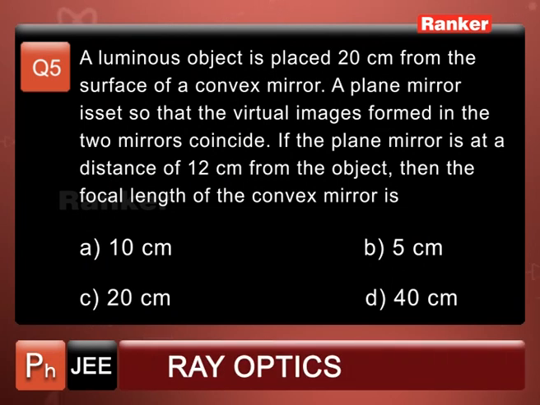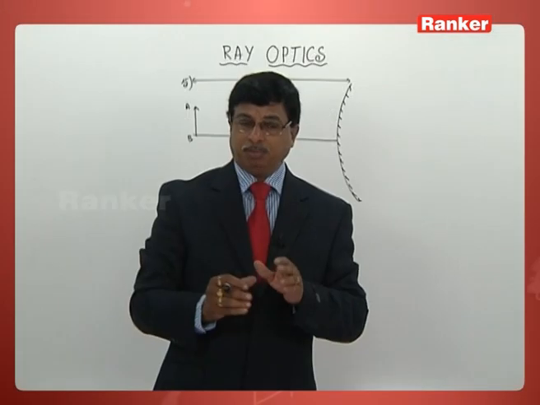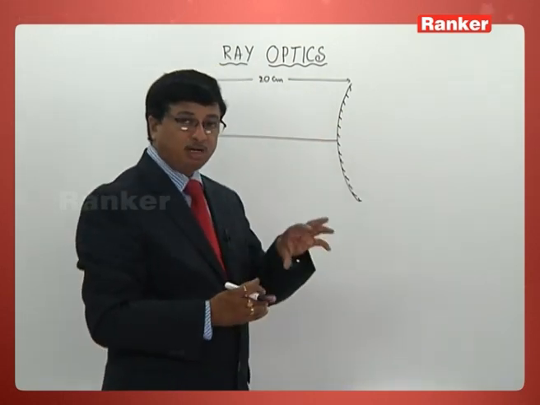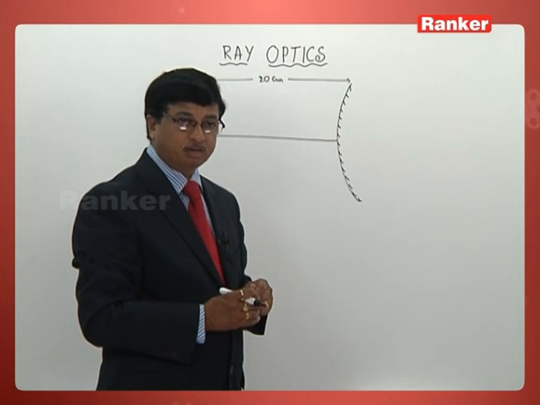A plane mirror is set so that the virtual images formed in the two mirrors coincide. A plane mirror is now placed in between. In what manner has he placed that one? Try to understand that.